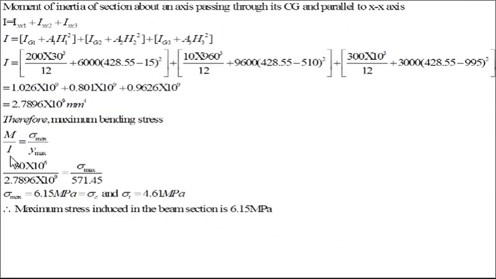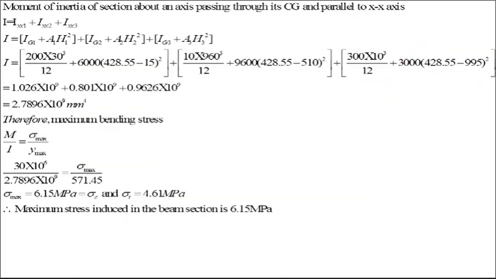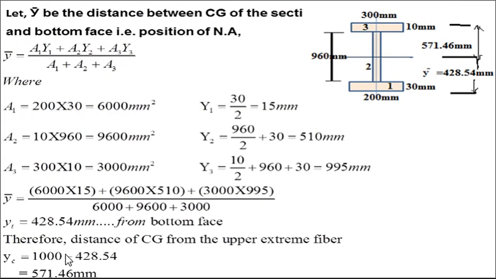So that will be the y max, and here we will get sigma max. If you want to calculate sigma t, then instead of using this distance, you can use this one, 428. You will use yt to get sigma t. So here we have calculated sigma c, and sigma t can be calculated by varying the y max. Instead of 571, you can use the value 428.54.